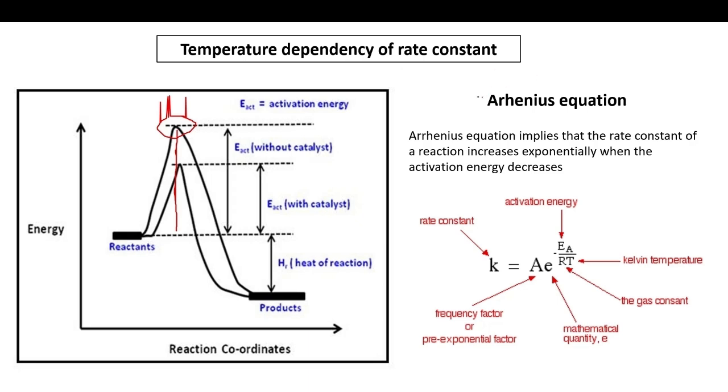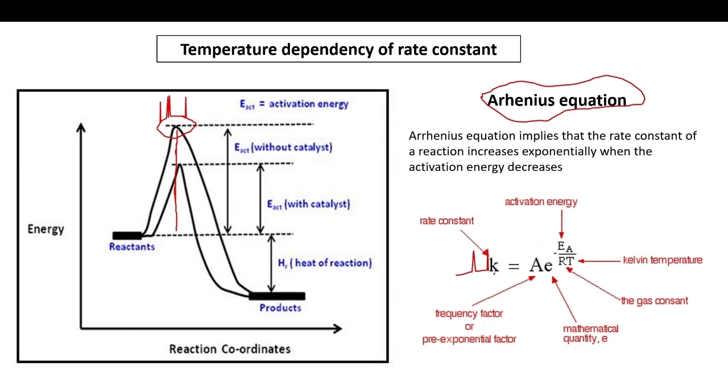This equation will be very helpful for solving the question that we have just discussed. The Arrhenius equation implies that the rate constant of a reaction increases exponentially when the activation energy decreases.